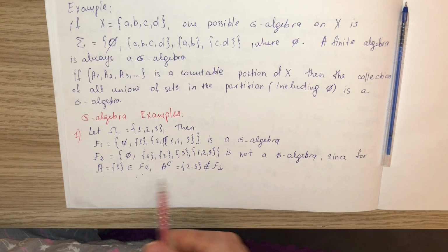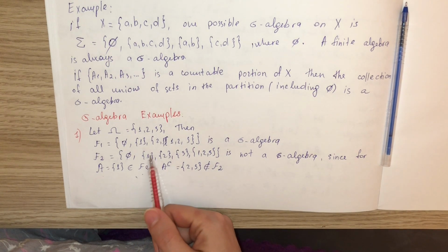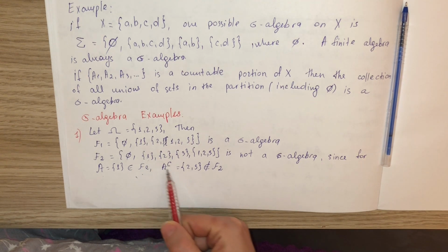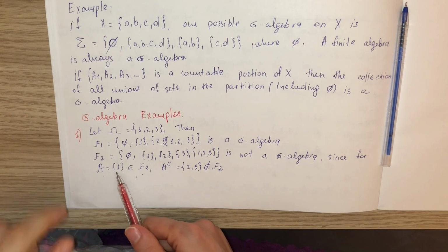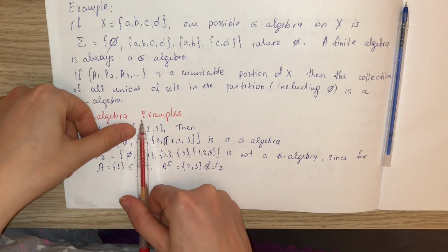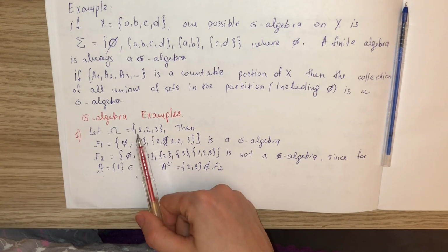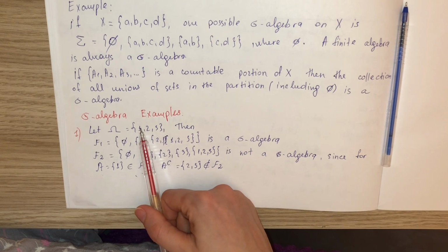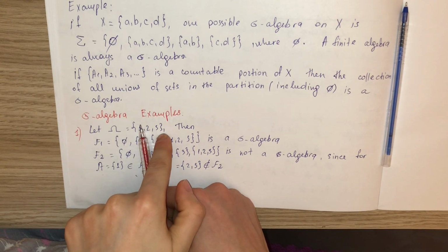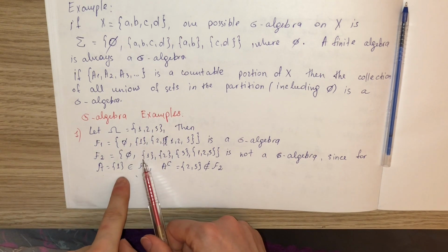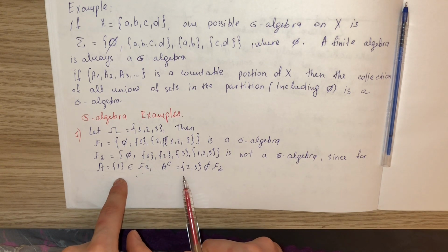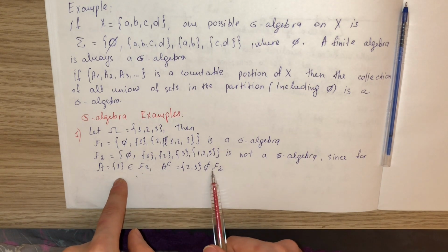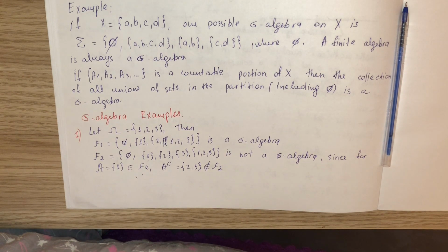Why not? Since the subset {1} is from F2, but the complement of A, if we subtract 1 from this set, we will get the set {2, 3}. Could we find the set {2, 3} here? No. So the complement of A is not from F2, so F2 is not a sigma algebra.